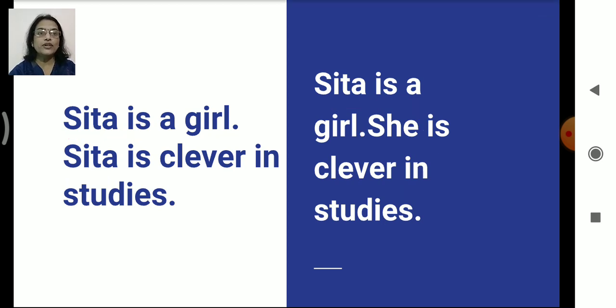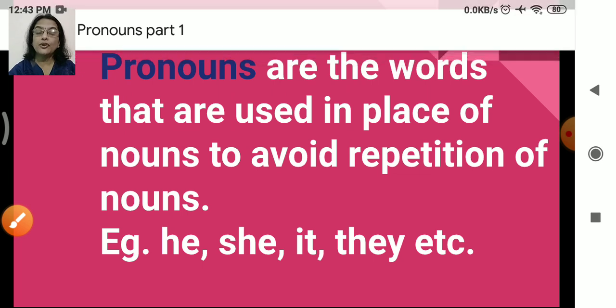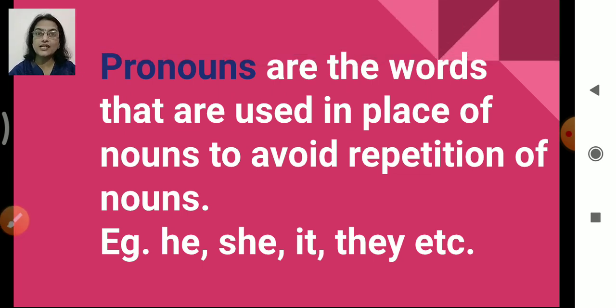Okay, so we can say, what are pronouns? Pronouns are the words that are used in place of nouns to avoid repetition of nouns. For example, we use he, she, it, they, etc. So in this way we can use the pronouns to avoid the repetition, right?